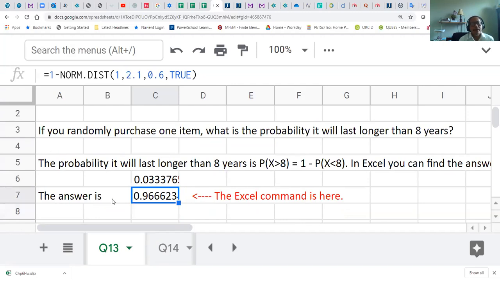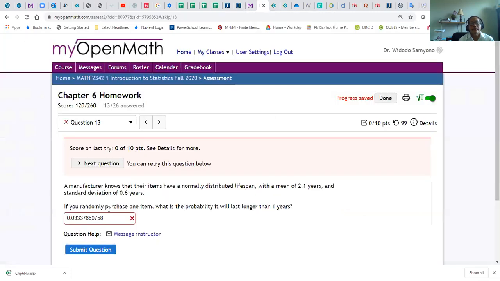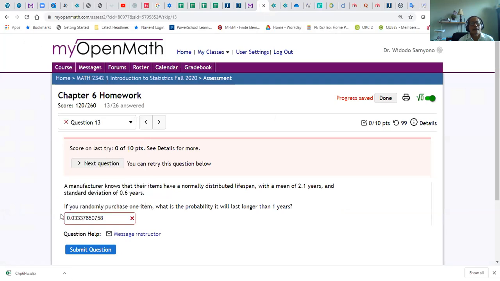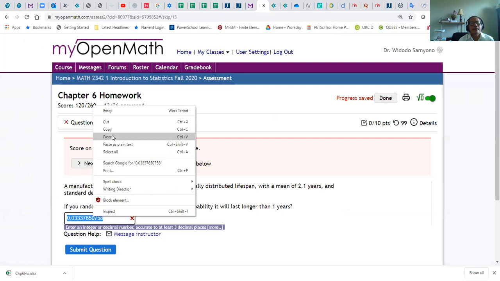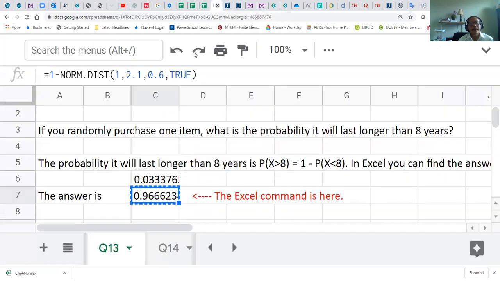So yeah, so this will be the answer. Last longer than, that means greater than. So that's why you need to subtract from 1. You can see here, subtract from 1.